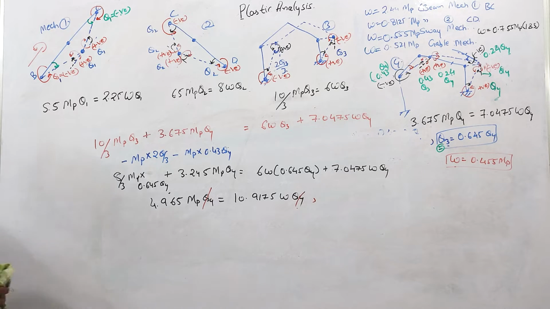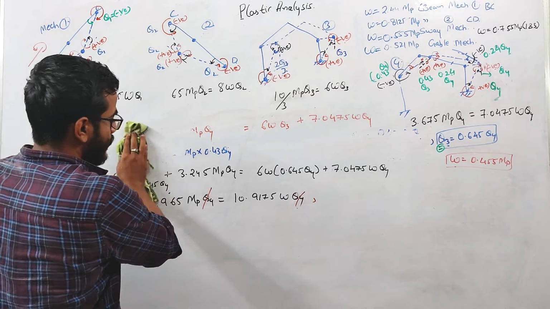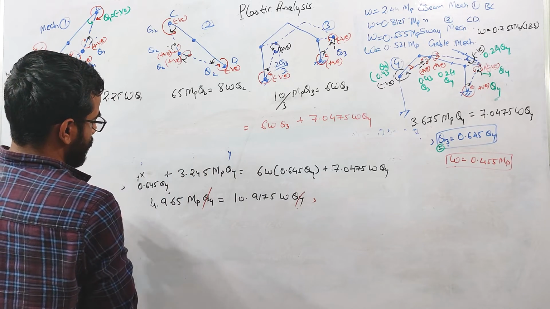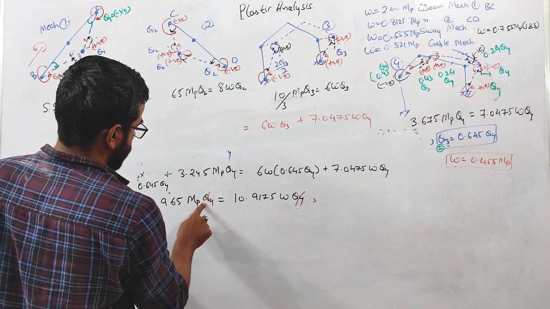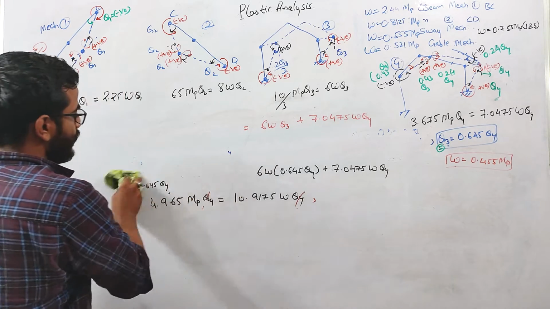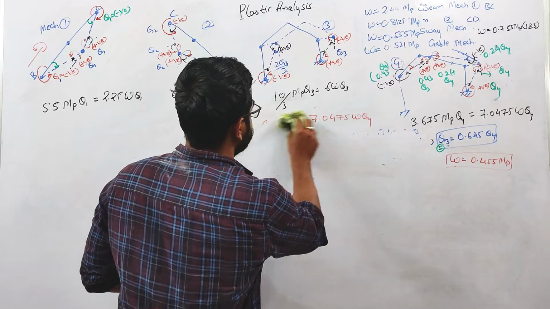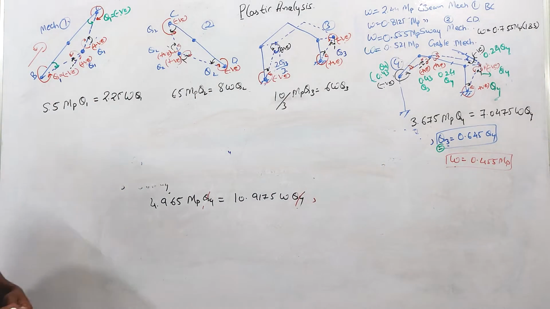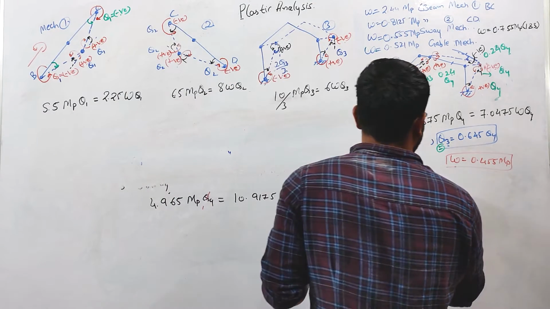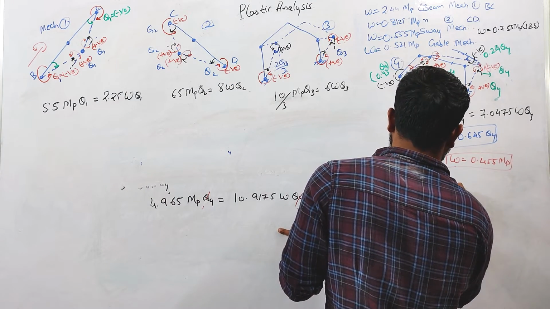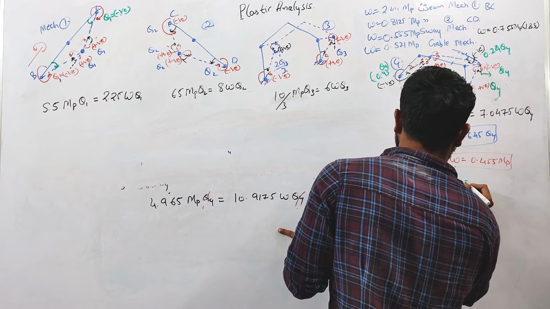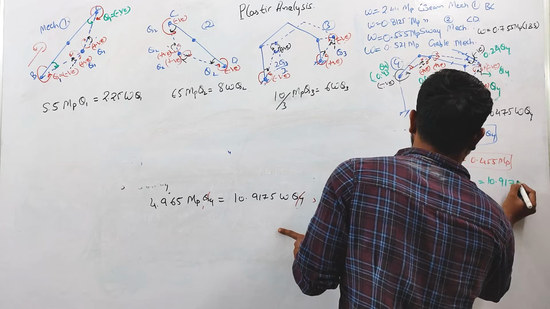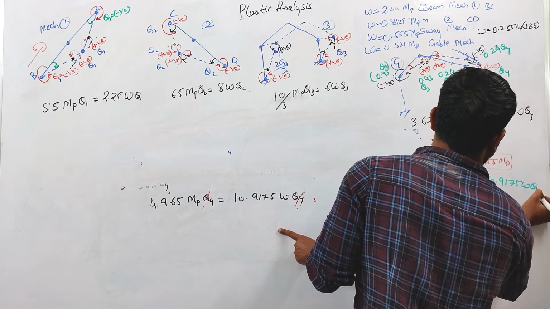So you can see that this W value comes out to be 0.455 MP. Okay. 4.965 MP theta 4 equals 10.9175 W theta 4.